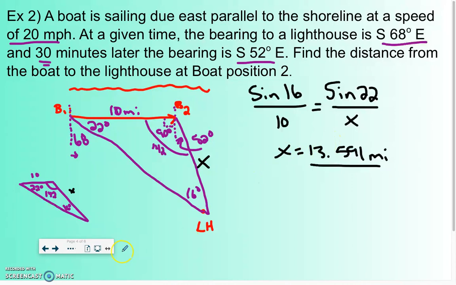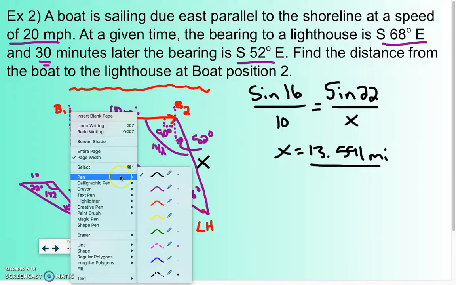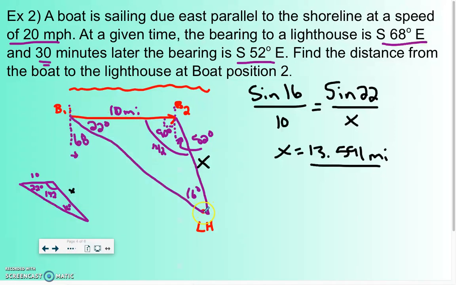Now a little follow-up on this, and I don't ask this on this question, but I could in the future. And that kind of question would be, at what angle is the lighthouse to get to boat 2? So if boat 2 we know that it's traveled 13.6 miles, and I want to know what angle from the lighthouse to get to boat 1 based on north.